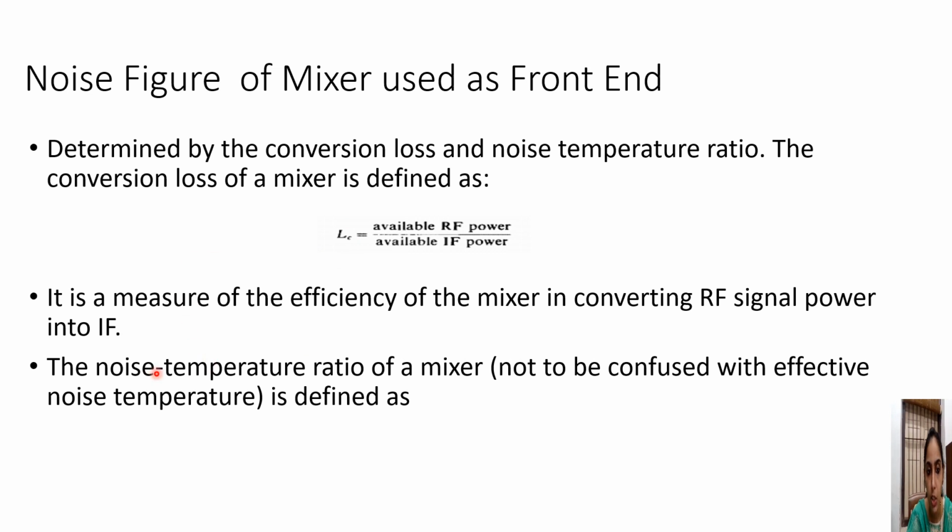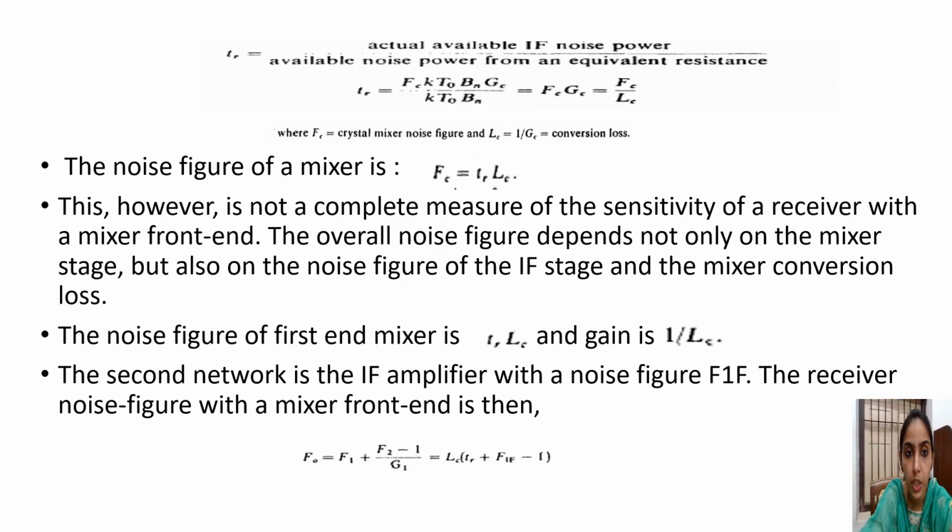And the next, that is the noise temperature ratio of the mixer. The noise temperature ratio for a mixer, that is TR, will be defined as the actual available IF noise power to the available noise power from an equivalent resistance. So what will be the output noise, that is the actual available IF noise power? It will be generally F_C k T0 B_N G_C.